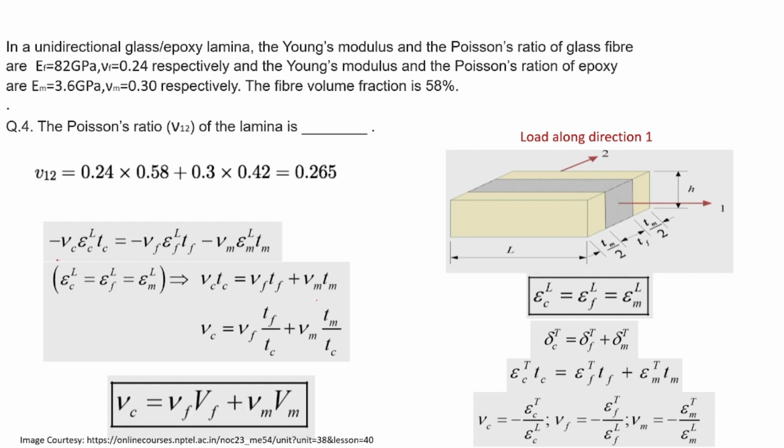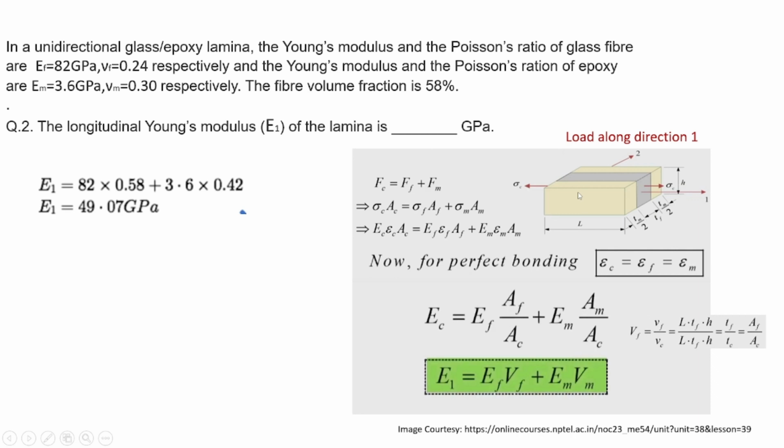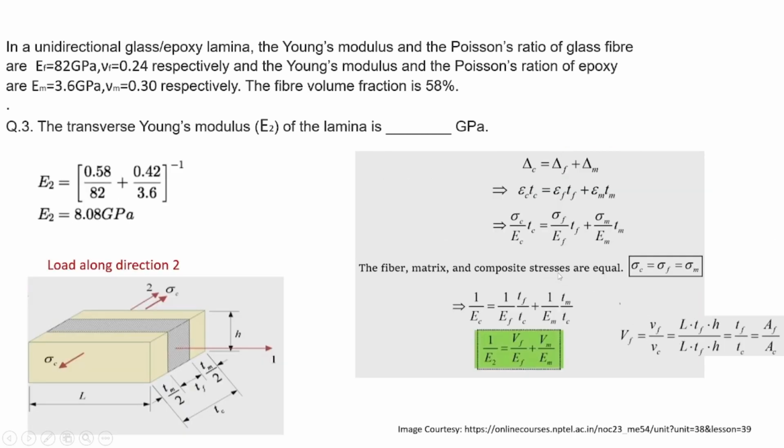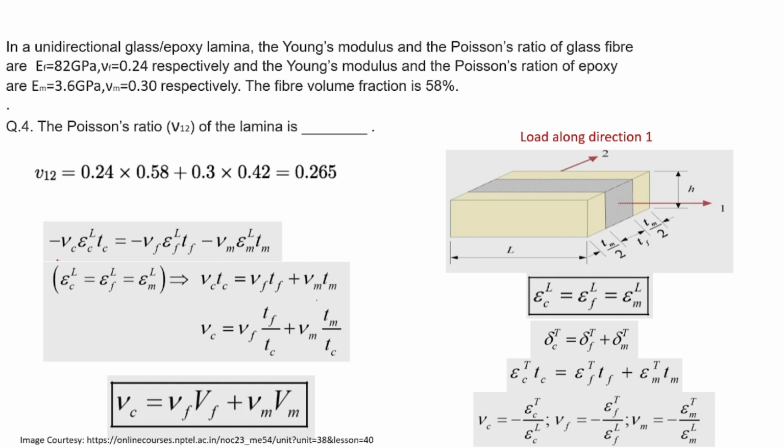To find the Poisson ratio of the lamina, here we assume that the load is along the direction 1. So, as said in the last to last question, because of the perfect bonding, the strain will be the same for the composite, fiber and the matrix in the longitudinal direction. As Poisson ratio is the ratio of the transverse strain divided by the longitudinal strain.